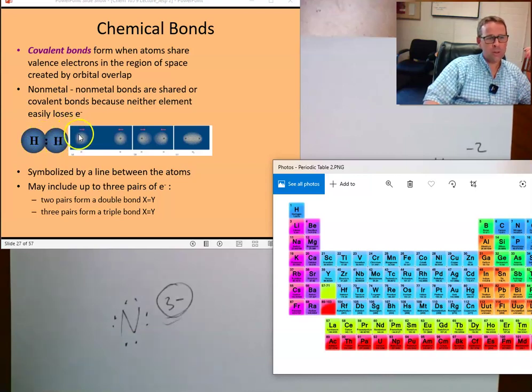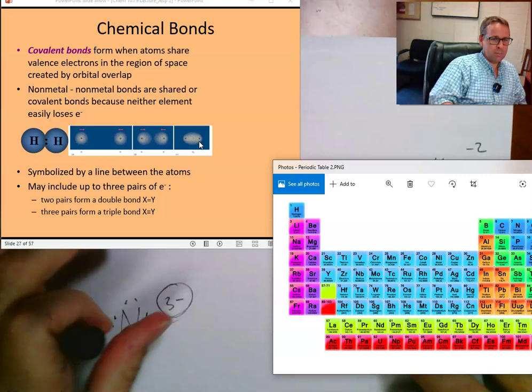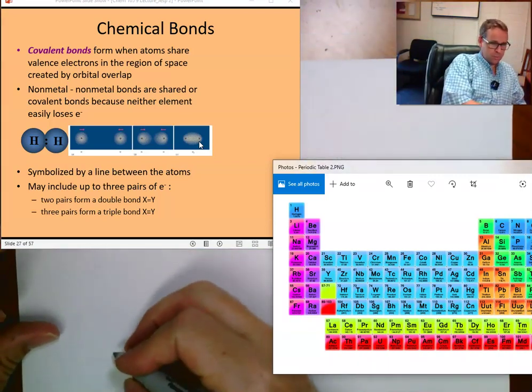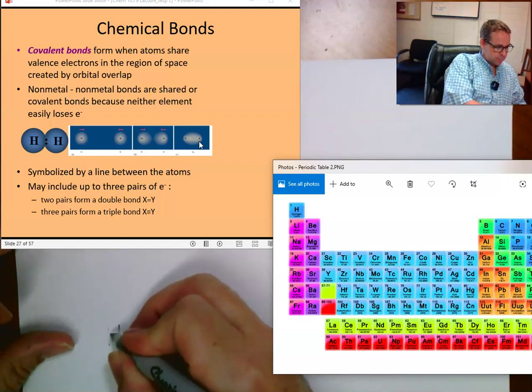And as you bring those 2 spheres of electron density close together, neighboring electrons will be attracted to neighboring protons, and the result will be a sharing region of electron density. Okay?